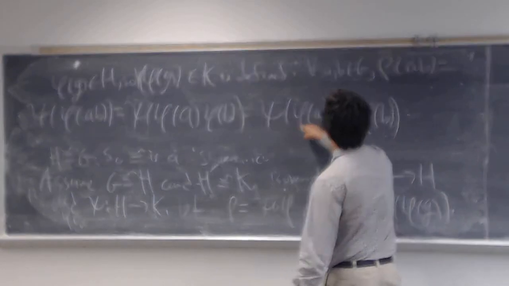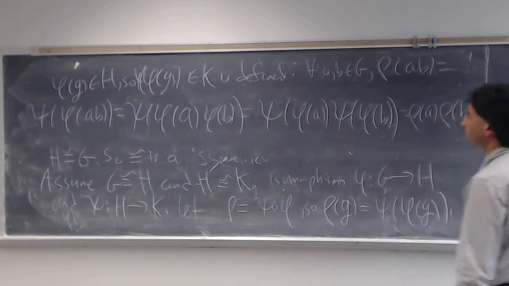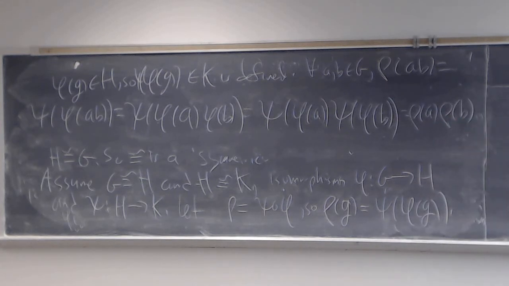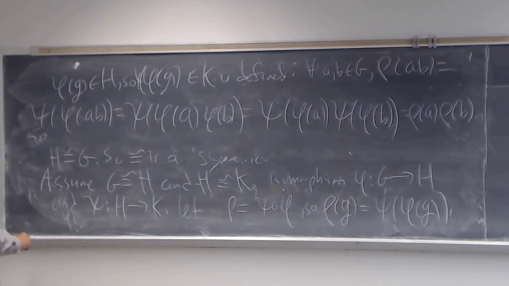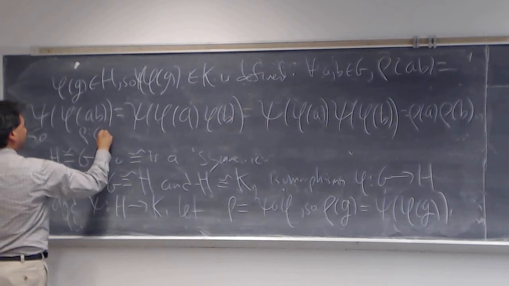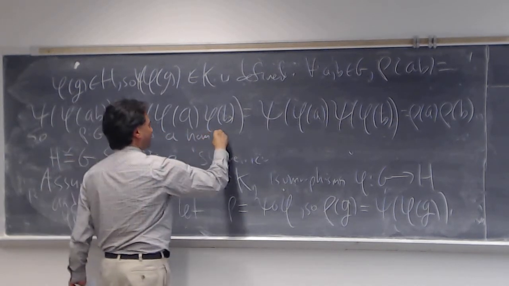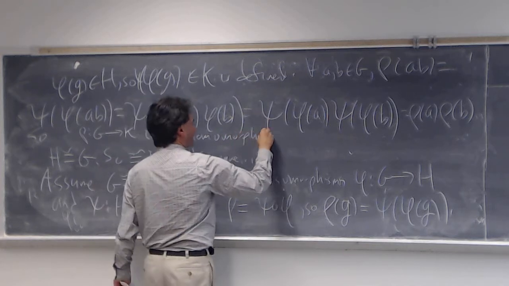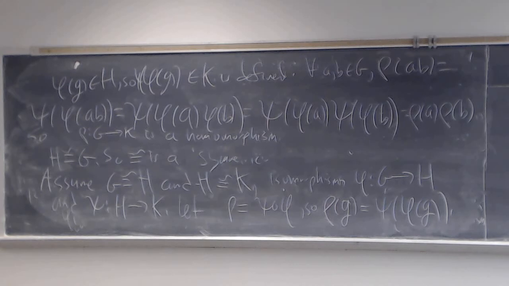But this is exactly rho of A times rho of B. So we have a homomorphism. We're trying to show G is isomorphic to K, so we constructed this rho from G all the way to K, and it is a homomorphism. What about an isomorphism?